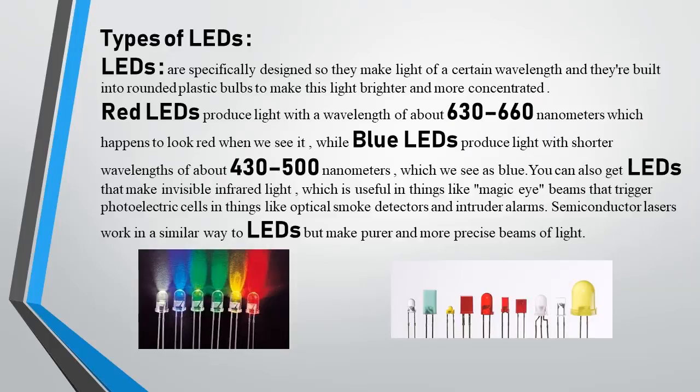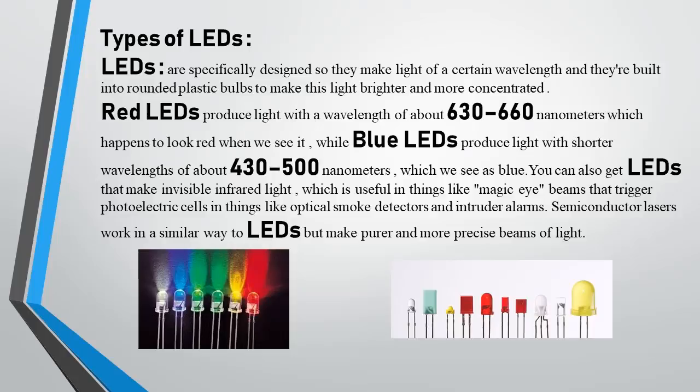Types of LEDs. LEDs are specifically designed so they make light of a certain wavelength, and they are built into rounded plastic bulbs to make this light brighter and more concentrated.